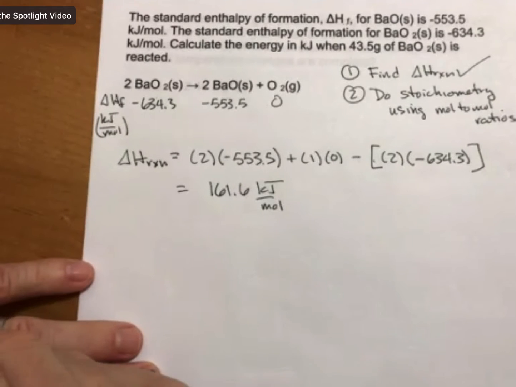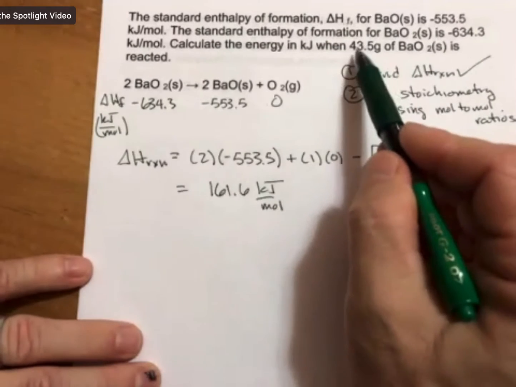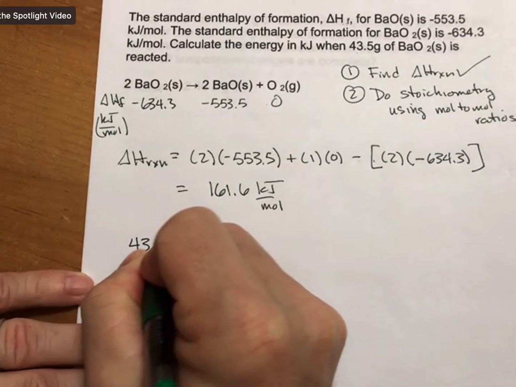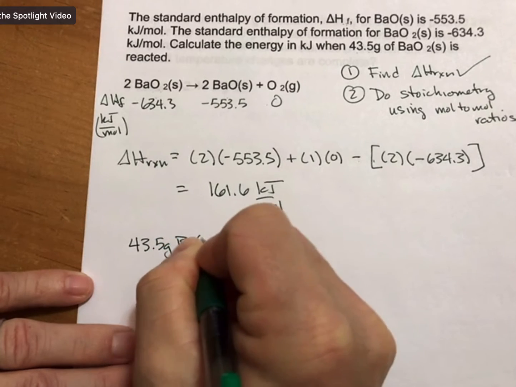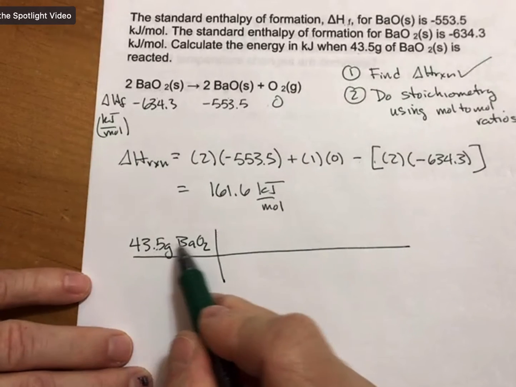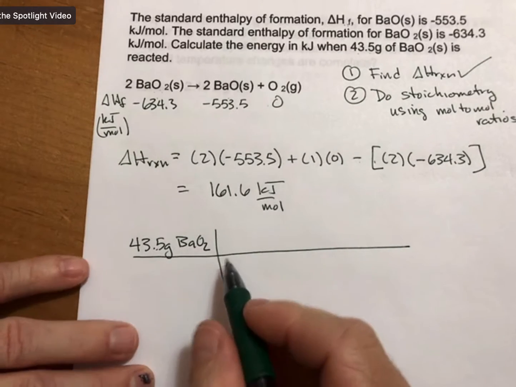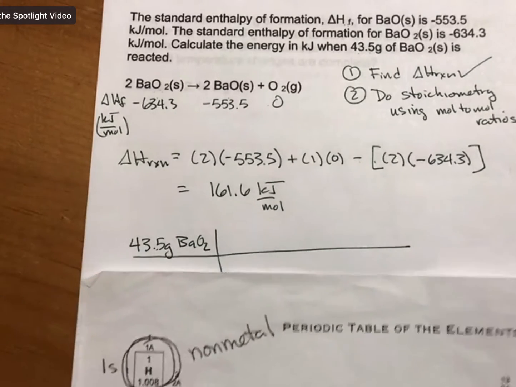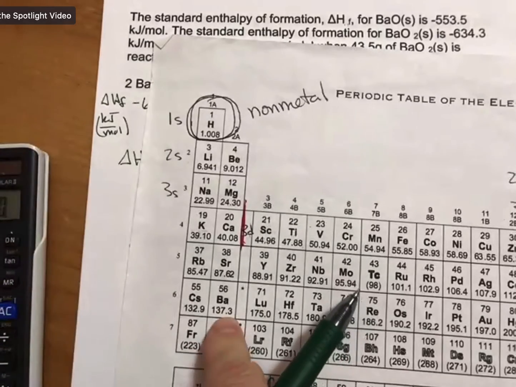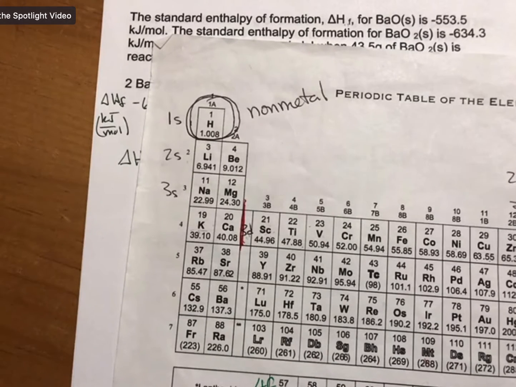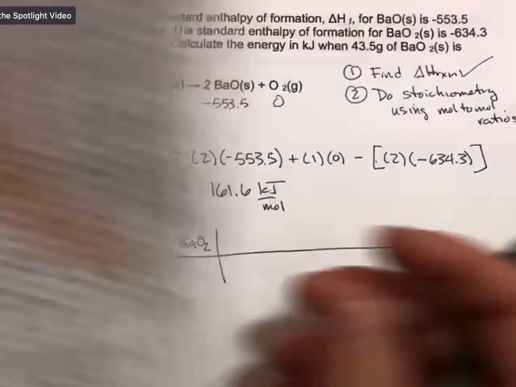For the second part, we have the grams of barium peroxide. Whenever we're given grams, we can convert that into moles. And I need my periodic table now. So barium is 137.3, and each oxygen is 16.